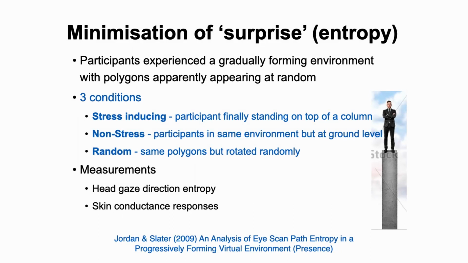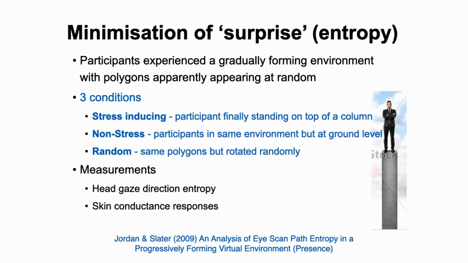minimization of surprise. In this experiment, participants experienced a gradually forming virtual environment, and the way this was done was that polygons were just appearing apparently at random, and there were three conditions. In the stress-inducing condition, participants found, after all the polygons had formed, or some percentage of them, that they were standing on top of a column, a tall column.